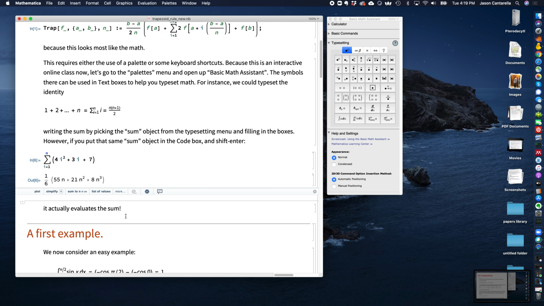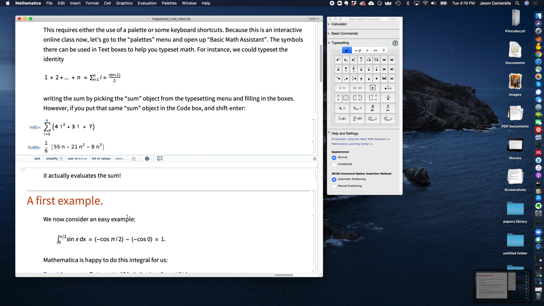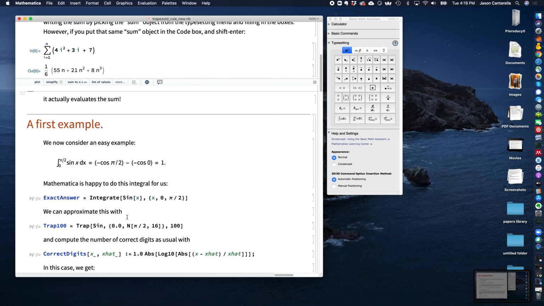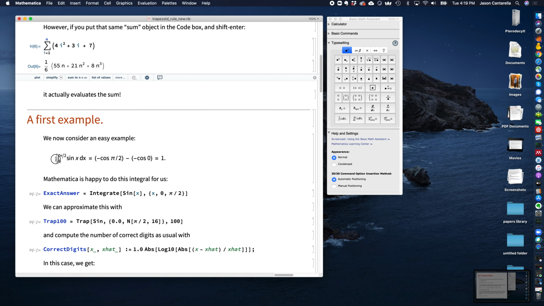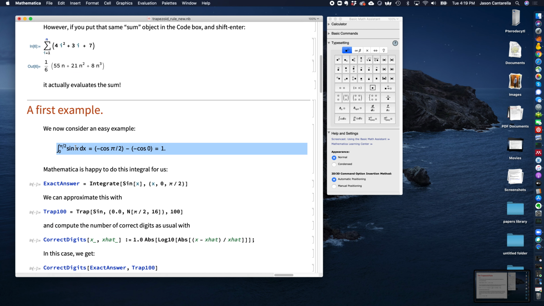Okay, so let's take a look at a first example with the trapezoid rule. If we take the integral from 0 to pi over 2 of sine x, we know that the integral of sine is minus cosine. So we evaluate minus cosine at pi over 2 minus minus cosine at 0 and get 1.